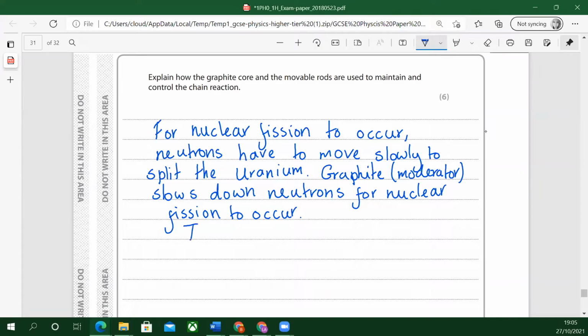So the control rods, as their name suggests, control the speed of the reaction. This will give you another mark. I've got quite a few marks already. The control rods control the speed of the reaction.